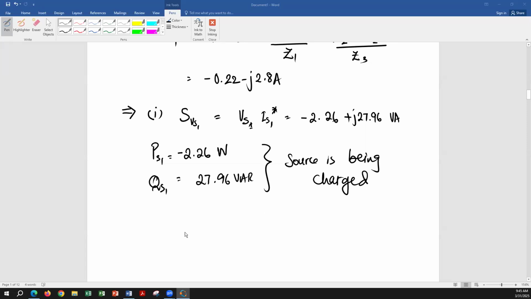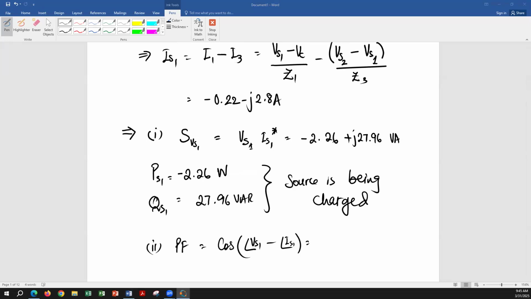Okay. And then the power factor, of course, we can calculate. Number 2, power factor, cosine of the angle of Vs. This is power factor of Vs1.